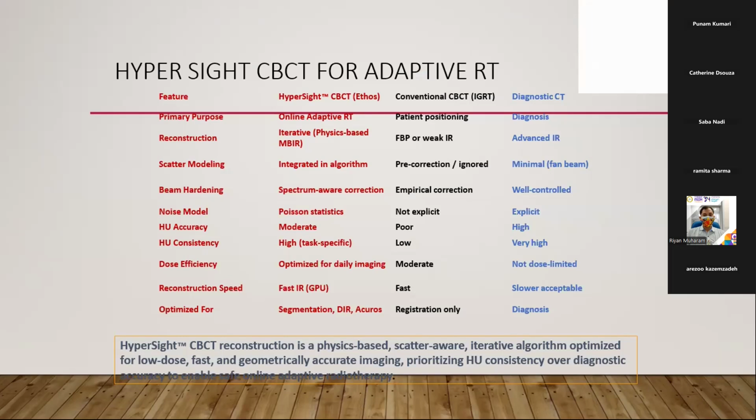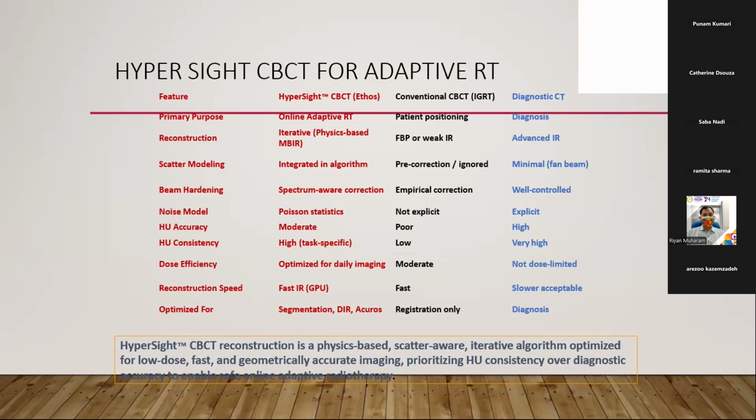If we compare HyperSight, which is used in the Ethos linac, with conventional CBCT, what we can see is that the reconstruction algorithm used in HyperSight is iterative, and in conventional CBCT it is filtered back projection.